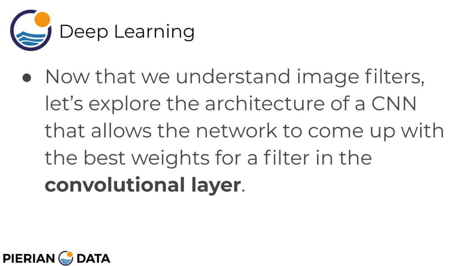Okay, so now that we understand image filters, let's go ahead and explore the architecture of a convolutional neural network that allows the network to come up with the best weights for a filter in what is known as the convolutional layer. So we understand we have these image filters, or kernels, that we're essentially going to perform a convolution on the image. And I showed you filters where we already knew the weights for them.